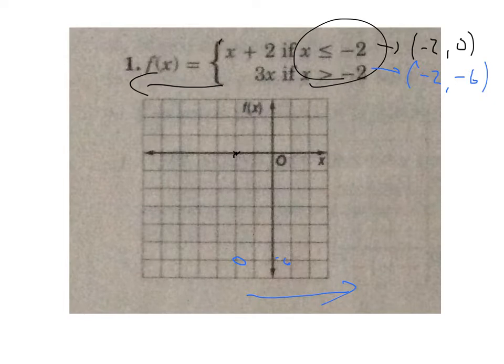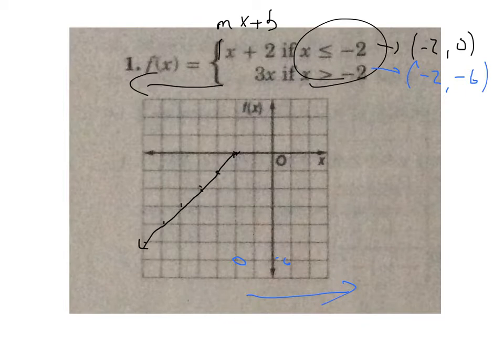Since the slope is 1, because it's 1x plus 2, remember, mx plus b, instead of going up 1 and over 1, we're going to go down 1 and over to the left 1. Down and to the left, and the reason why is because I don't care what's going on to the right of this graph.